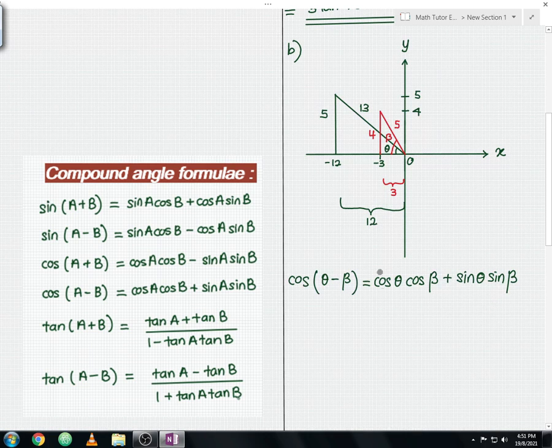So this is the expression that we have formed based on the compound angle formula and from this diagram. The cos theta and cos beta, sin theta and sin beta, we can obtain from the triangle that we have formed through our sketch here. So let us begin our working.